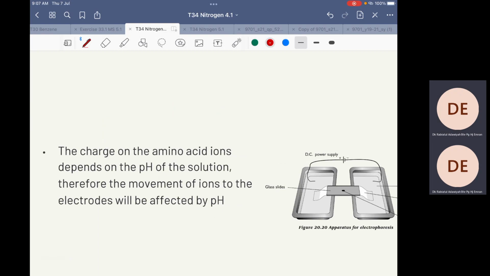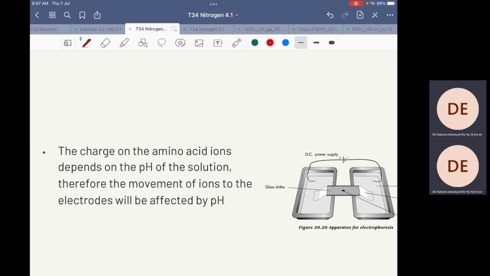Okay, the charge on the amino acid ions depends on the pH of the solution. Therefore, the movement of ions to the electrodes will be affected by pH. Now, just now I was mentioning amino acids in the form of their ions. You must also remember that at certain pH, these amino acids will develop a certain charge, okay? Like if it's pH 7, it would be neutral.